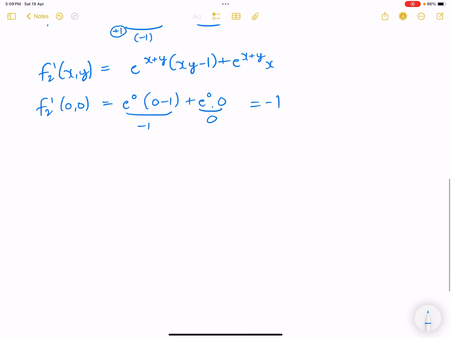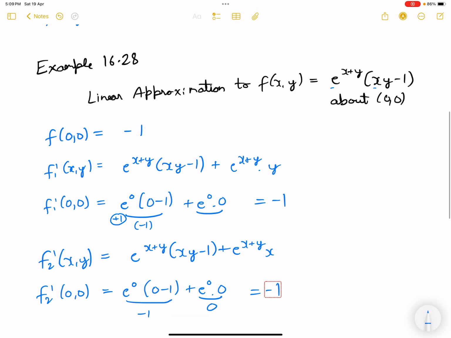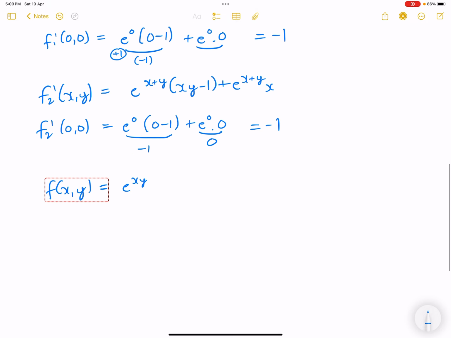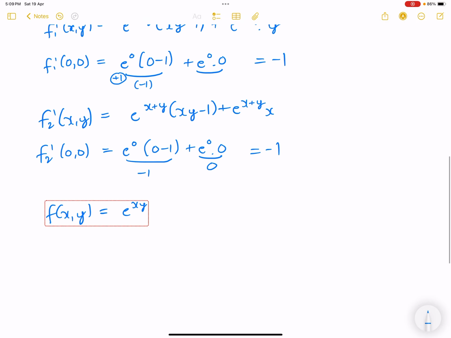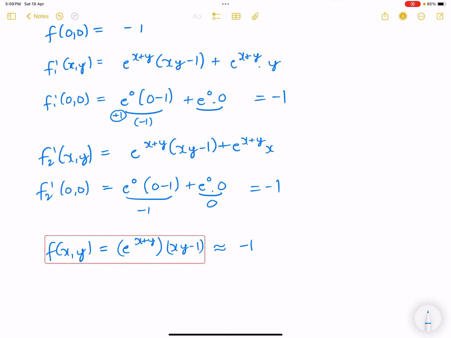So f(x,y), which in this case is e to the power x plus y times (xy minus 1), is approximately equal to f(0,0), minus 1, plus f1', so minus 1 times (x minus 0), plus minus 1 times (y minus 0).